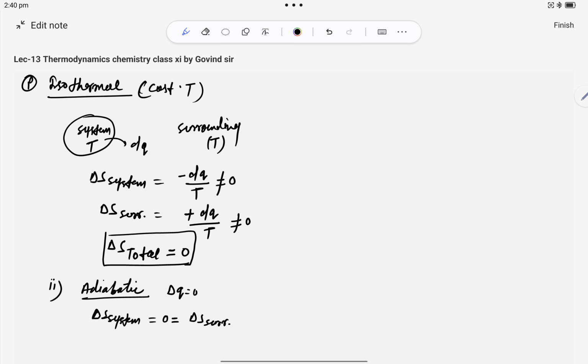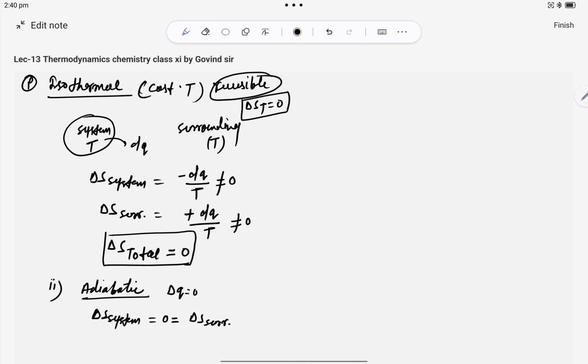Both will be 0. Okay. So this is for isothermal reversible. Delta S total is equal to 0.